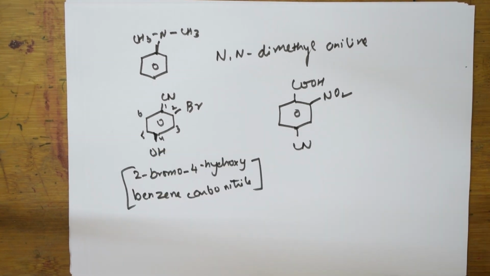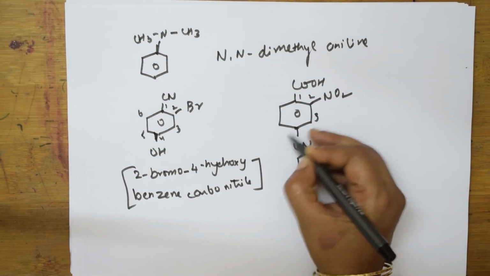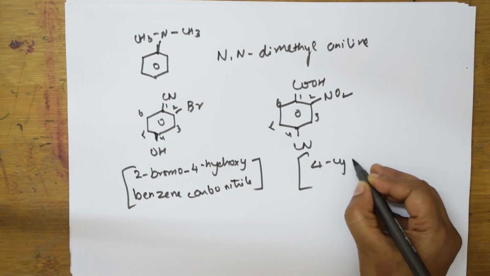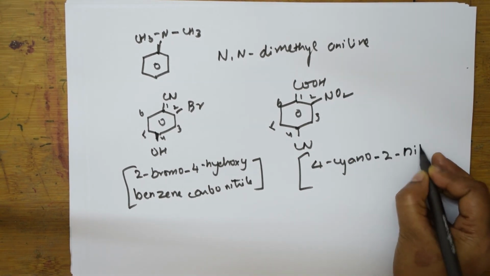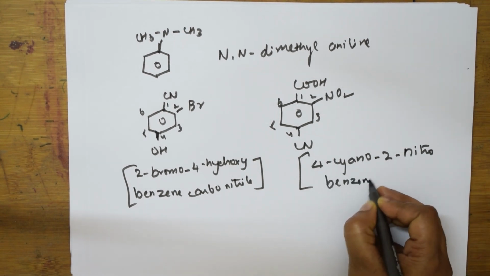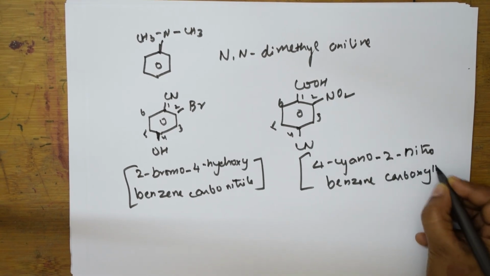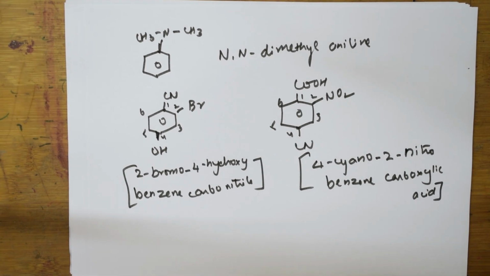This is the name, in alphabetical order. Now this one, if I have to name it, number it 1, 2, 3, 4, 5, 6. What is the name? 4-cyano-2-nitrobenzene carboxylic acid. That's it. So these are the different nomenclatures of aromatic compounds, students.